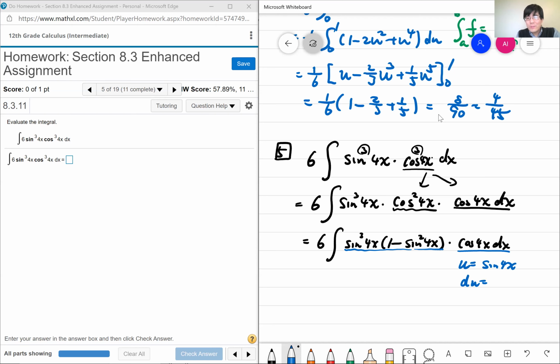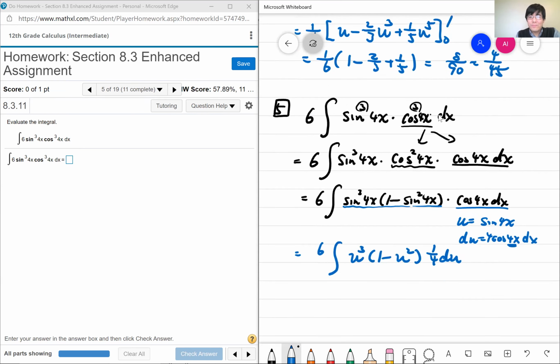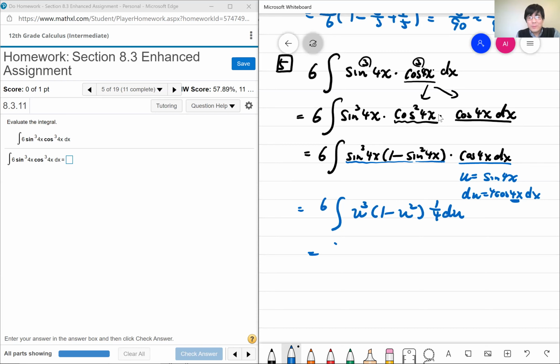Then du will be cosine 4x dx times 4. After making a substitution, you want u cubed times 1 minus u square times 1/4 du. So 1/4 can be put out, so 6/4 becomes 3/2 integral of u cubed minus u to the fifth.